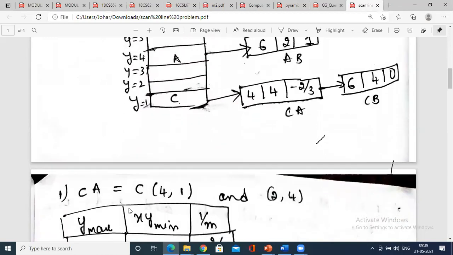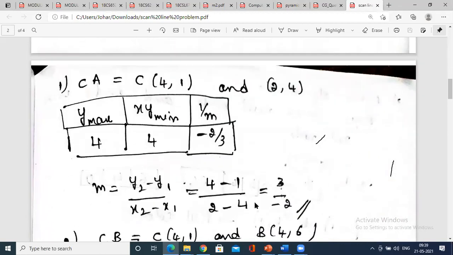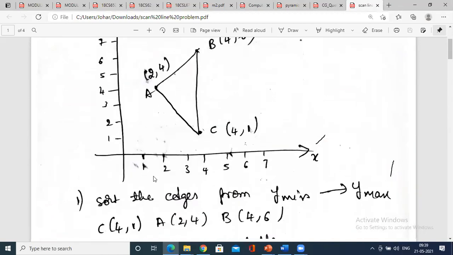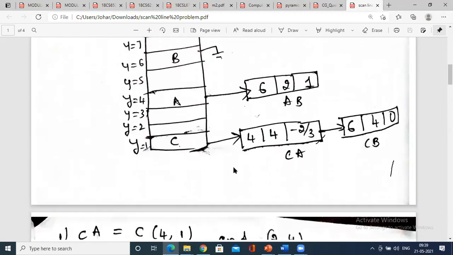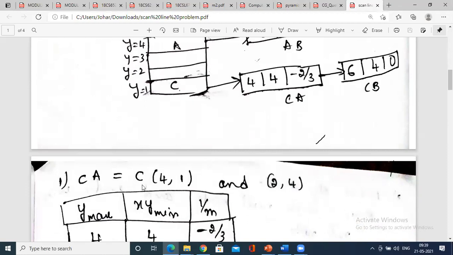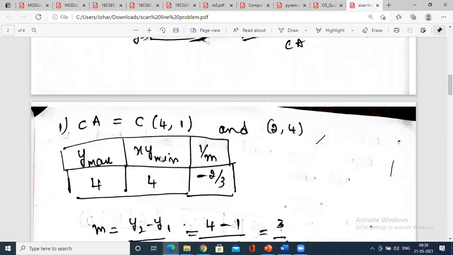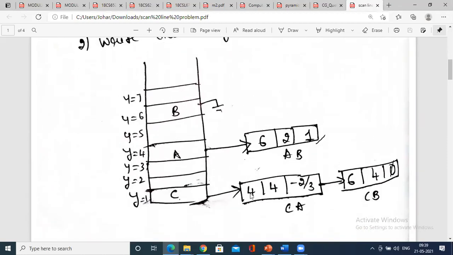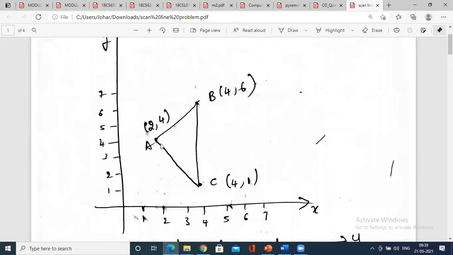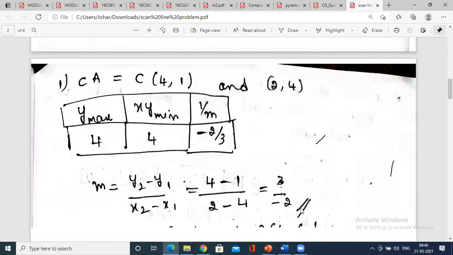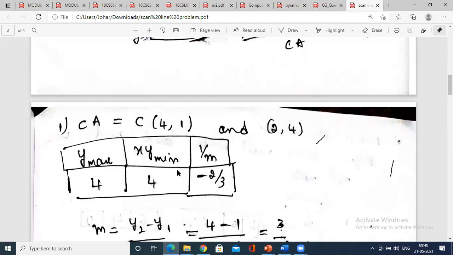So note down the first value, that is CA. Okay, 41 and 24 you have to calculate, right? So you have CA equals to 41. You copy this table, CA at 41, and we have one more, 24. Two edges are there. So what is the data from the global edge table?